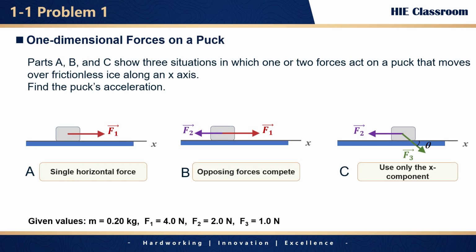Let's see our first problem. In this example, we'll practice applying Newton's second law to a puck when one of two forces act on it. We'll consider three cases, parts A, B, and C, where a puck moves along the x-axis on frictionless ice.